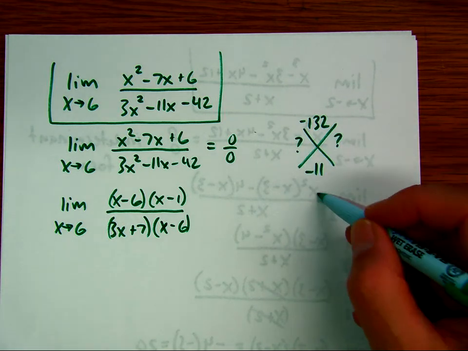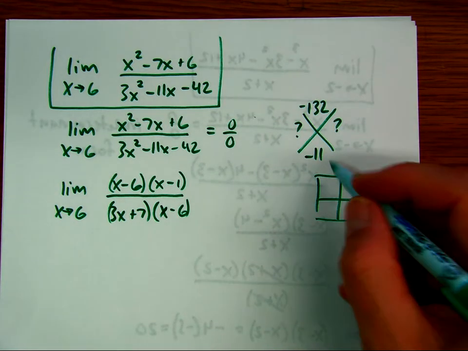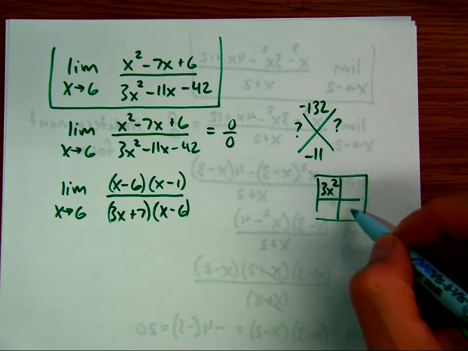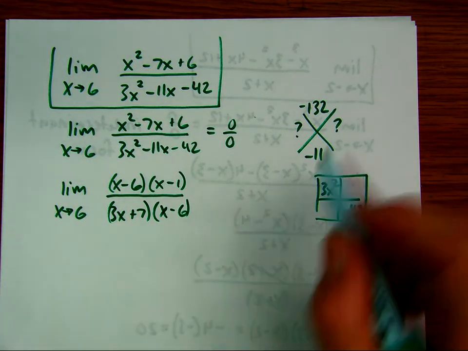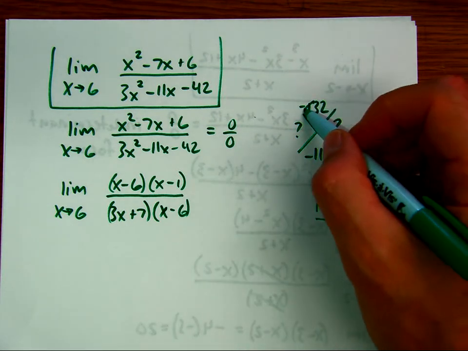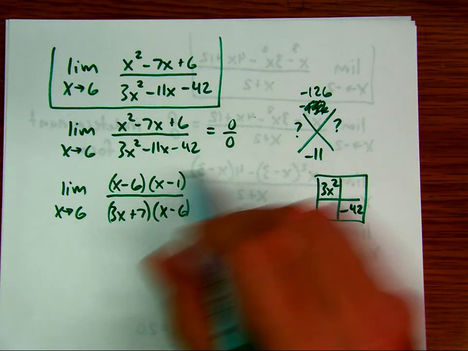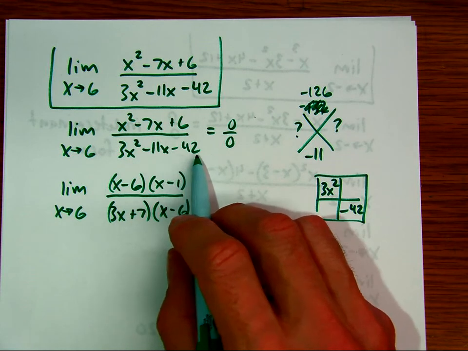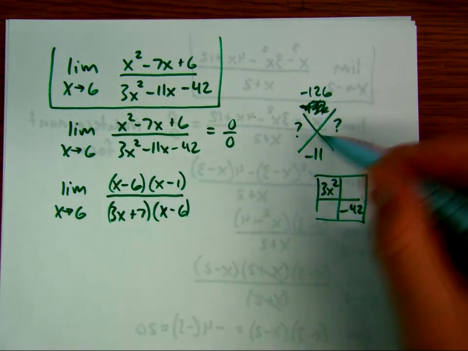From there we go down here, and then you would continue factoring with this. That's not 132, it's 126. So negative 126, 3 times 40, 120 plus 6. So that's a method you can use to factor this.